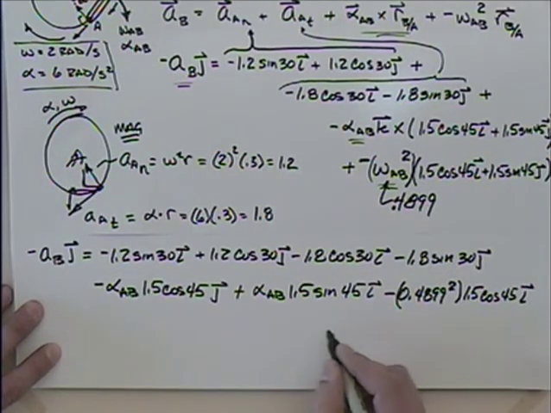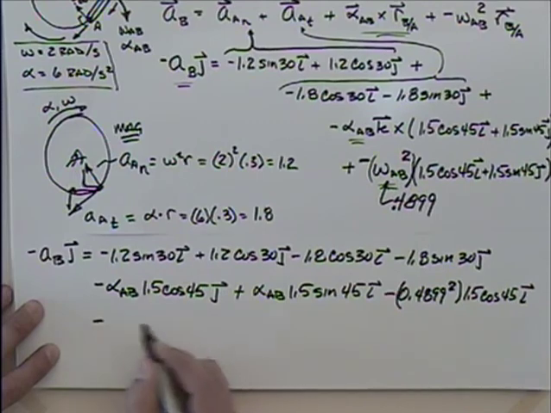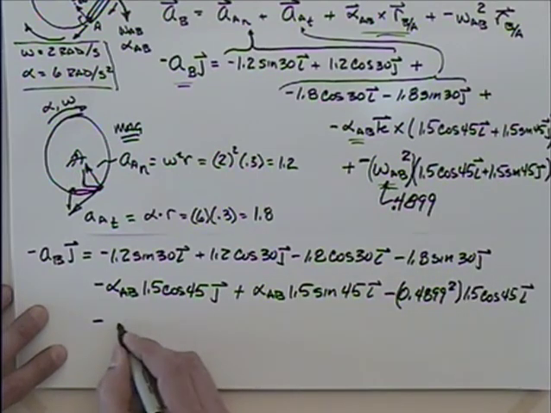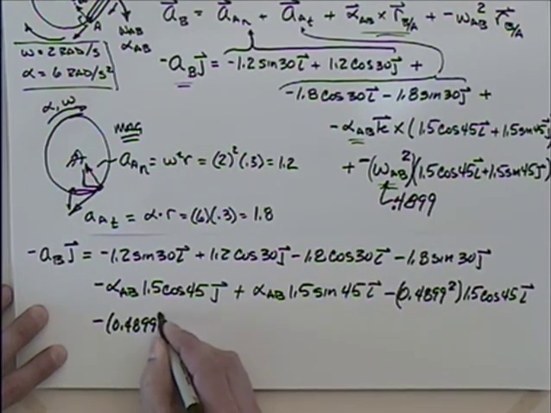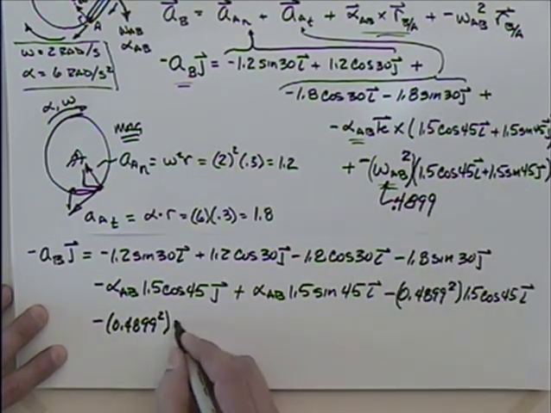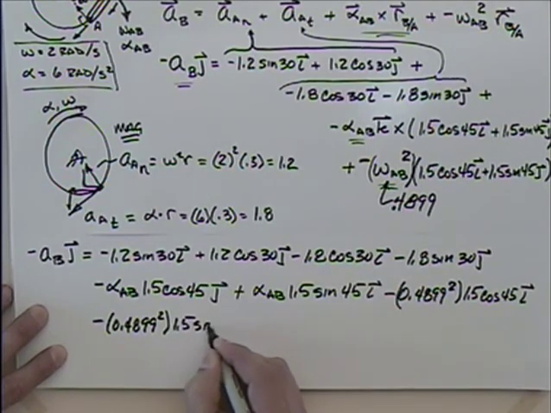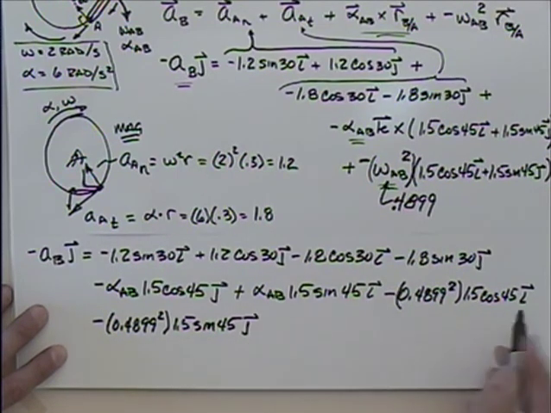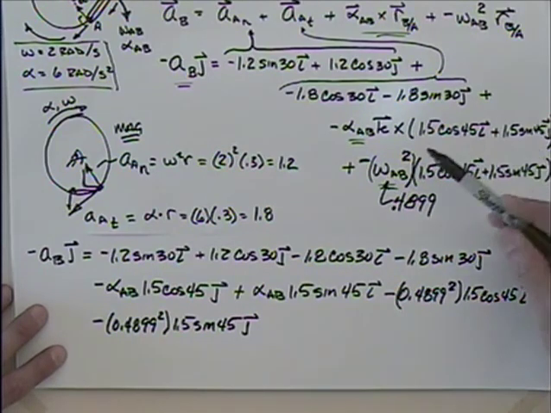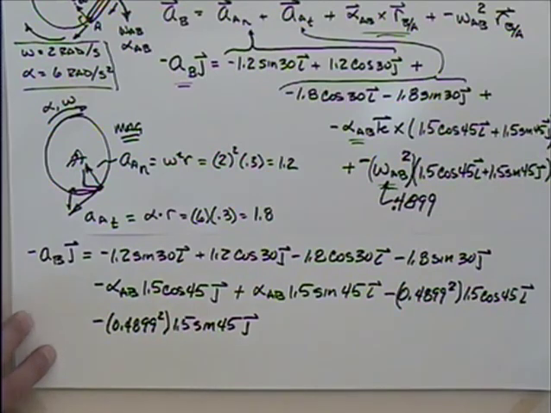And then we have to also subtract off minus this last term, minus 0.4899 squared times what? 1.5 sine 45 in the J direction. So that was I, that's J. K crossed I is J. K cross J is minus I. Yeah, I think we're good.